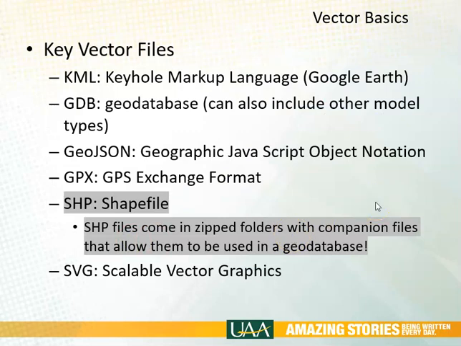In vector modeling, there are a couple of files that you should be familiar with that, again, come up all the time. You've already used one a little bit, which is the Google Earth version, which uses something called Keyhole Markup Language, or KML files. Geodatabase, or GDB, are collections of vector files. There's something called GeoJSON, which is as well a language that is essentially used to describe vectors of the world.